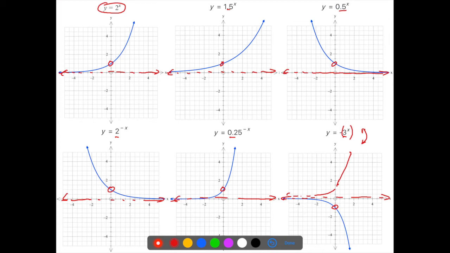Now, the other thing I want you to see is that some of these graphs are what we call exponential growth. They're all exponential, but some of these have exponential growth. If you've looked at any of the statistics recently about the coronavirus, what you see is exponential growth. For example, one person affects 2 other people, and then each one of those 2 people affects 2 more people.